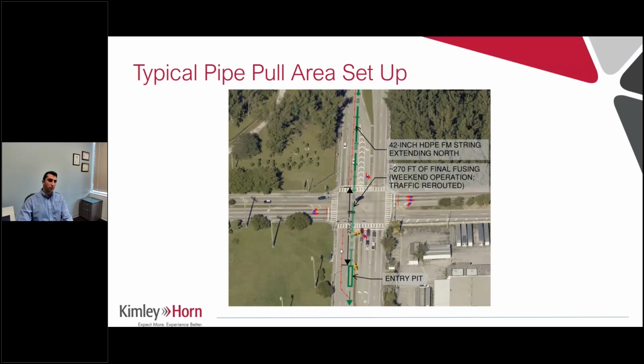Once the contractor is ready to actually pull the pipe through during a weekend operation, we're closing down the intersection. You can see here the turn lanes and the westbound and eastbound lanes being closed off. The contractor will fuse that final portion of the project, around 270 feet of pipe in that intersection. Once they have everything fused, they'll begin the pipe pull.